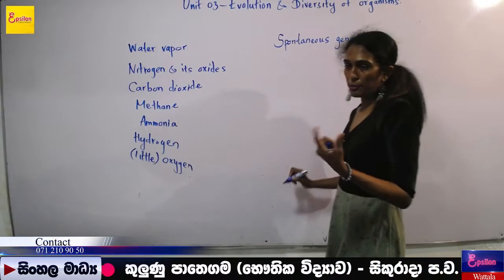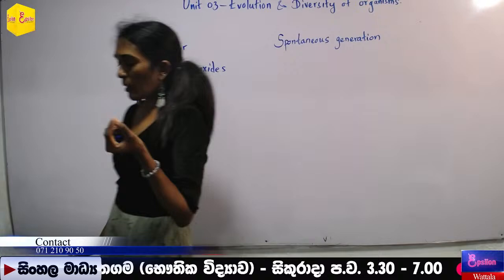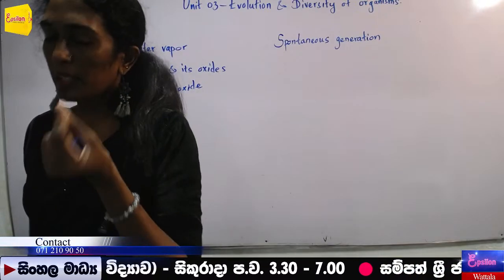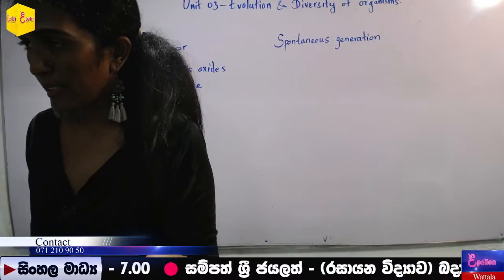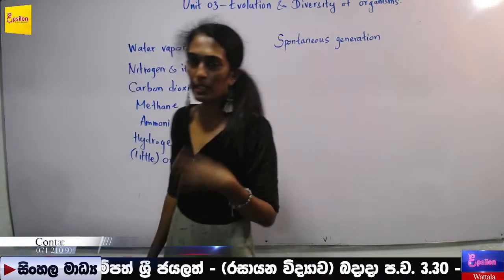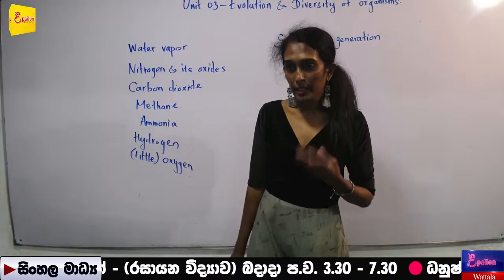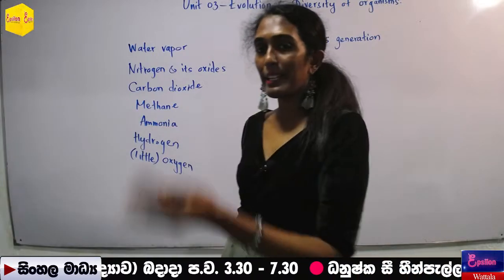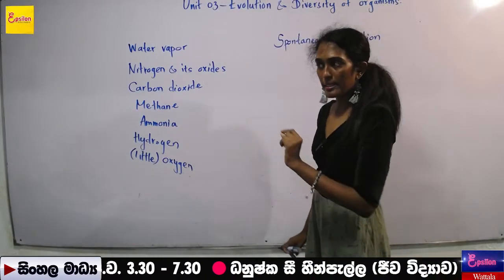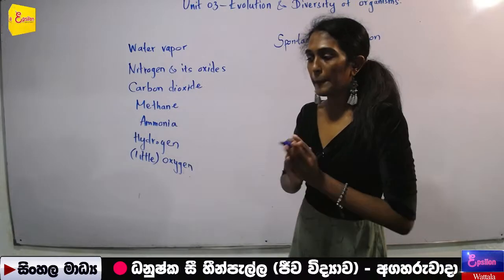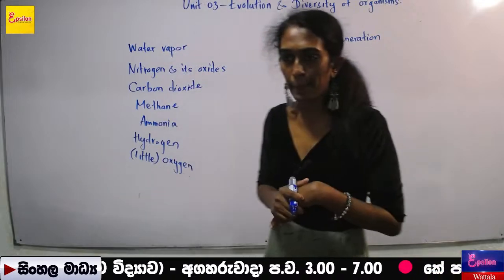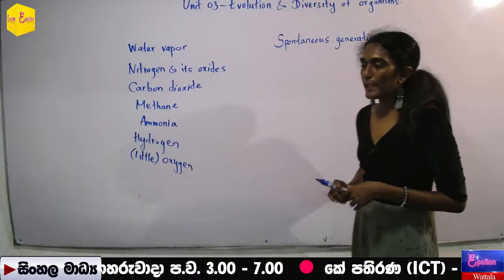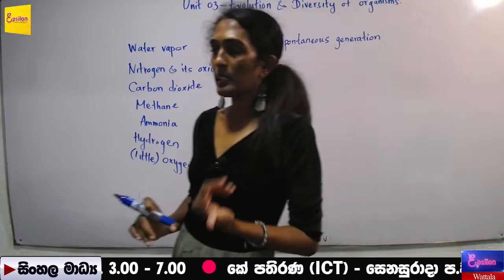They say that if you keep meat somewhere, it is giving out flies spontaneously. Nowadays, thinking about that is a bit hilarious, right? But still, they believed that it's spontaneous generation from garbage. Some organisms are born. Okay, that's how they believed. But they disproved that also. They proved that it's not that.